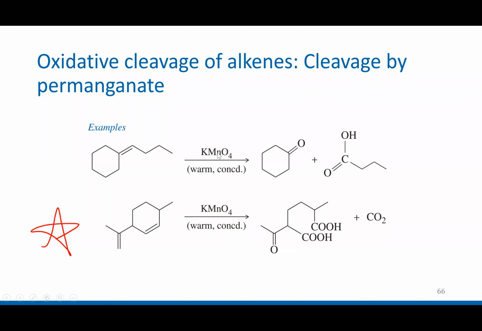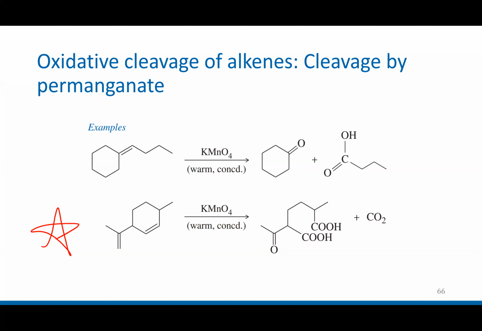Yesterday, I showed you this reaction, the oxidative cleavage of alkenes by potassium permanganate. In order for this to happen, in the chemistry lab, we added an acid or a base to help this along. Typically, to help this reaction happen, you would make it warm and have a concentrated solution. And in the lab, we actually added an acid to act as a catalyst.